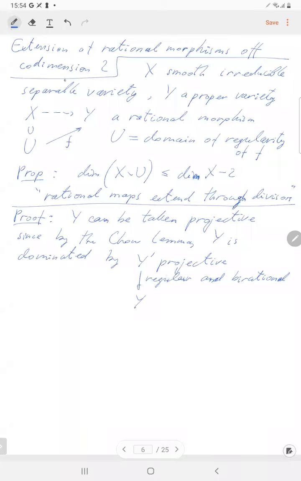And since it's birational, our map from X lifts here. Yeah, just because this pi is birational, so it can be inverted in the category of rational maps.